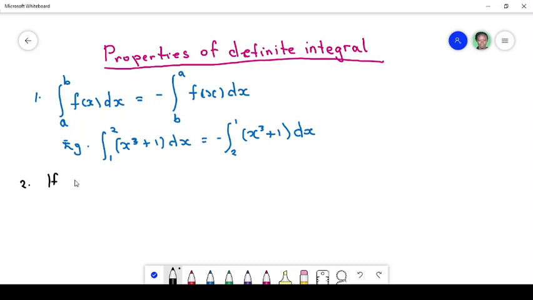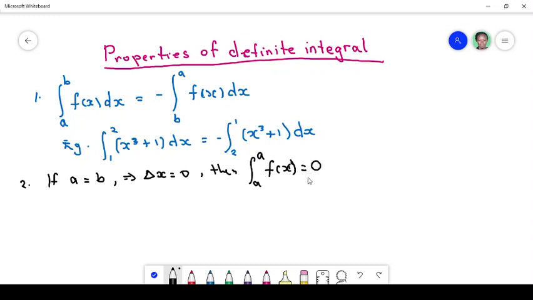If a is equal to b, then it implies that our change in x is going to be what? 0. Then what it means is, if I have the integral from a to a of f of x dx, then it's going to be 0. Why so?